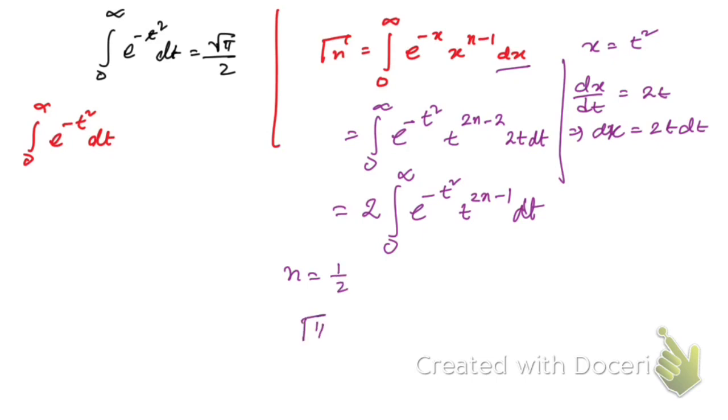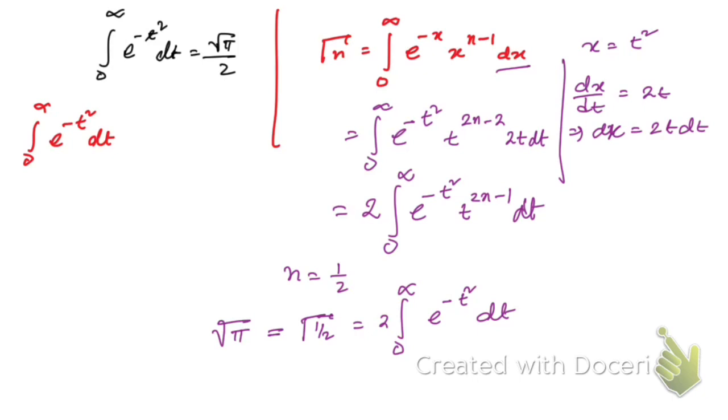Gamma half is equal to 2 integration from 0 to infinity e to the power minus t square, then t to the power 2 into half minus 1. Here the half cancels, 1 minus 1 is 0, t to the power 0, anything to the power 0 is nothing but 1. And the value of gamma half is nothing but root pi.